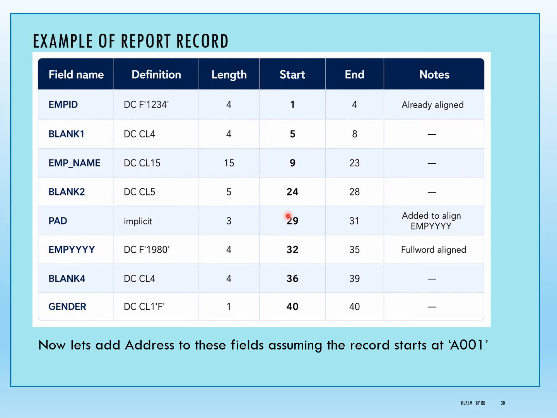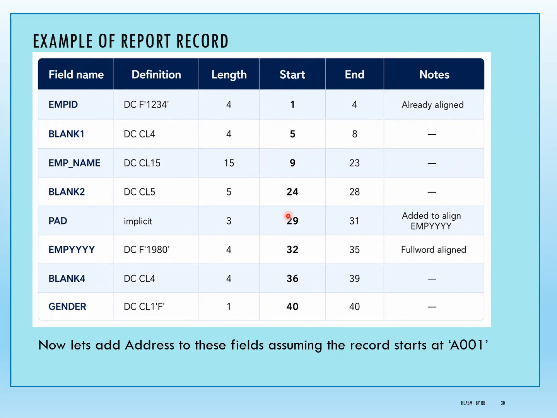So 24 to 28 is done. Ideally the next field is supposed to start at 29, but that is not happening. Why? Because a full word can start at multiples of 4. A half word can only start at multiples of 2, and a double word can start at multiples of 8 only.